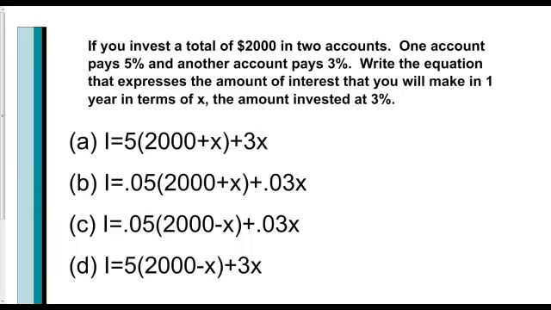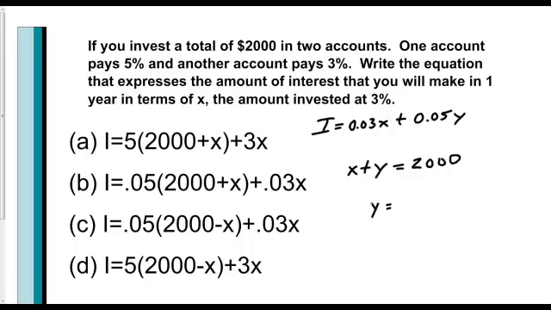So we know that the interest on the account here is going to equal 3% in one account, so I'm going to convert that to a decimal. So 0.03x in one account plus 5% in another account. Now we know that both accounts will equal $2,000. So if we solve this for y, that's how we express it in terms of x.